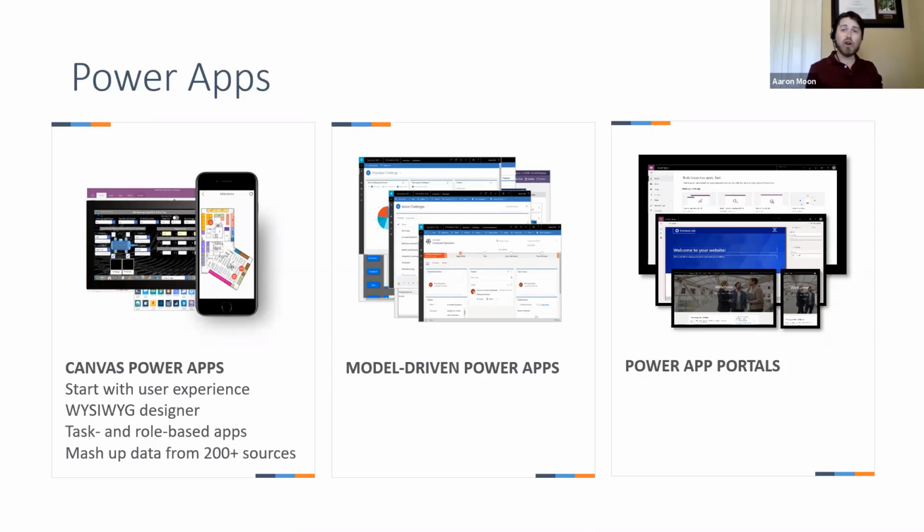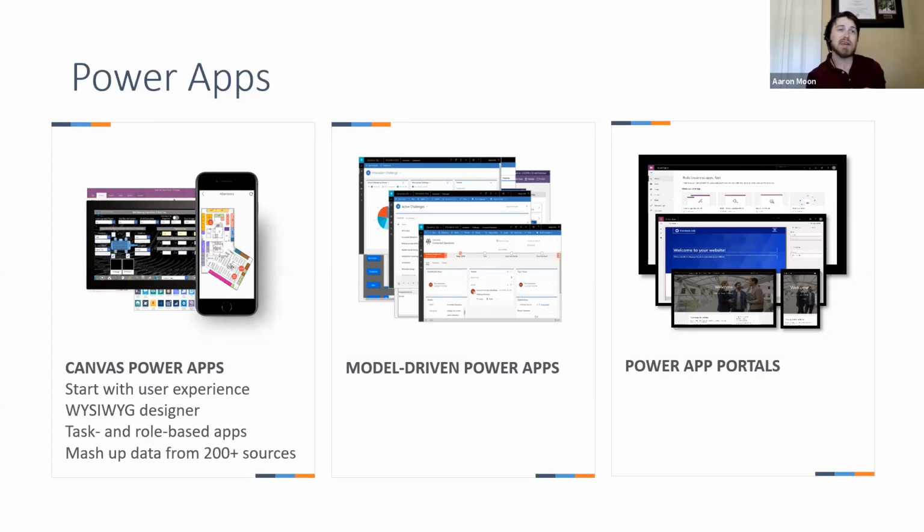Starting on the left-hand side, Canvas Power Apps are really focused on streamlined mobile experiences, on mobile or on a desktop computer, but they're focused on the experience and making it really easy, user-friendly, and focused on what your users need to do.